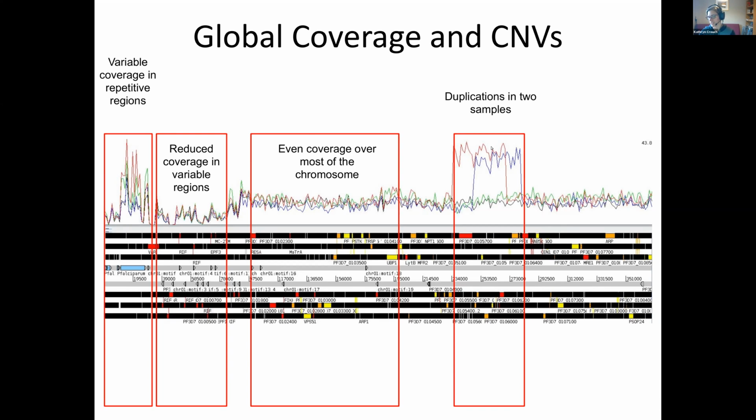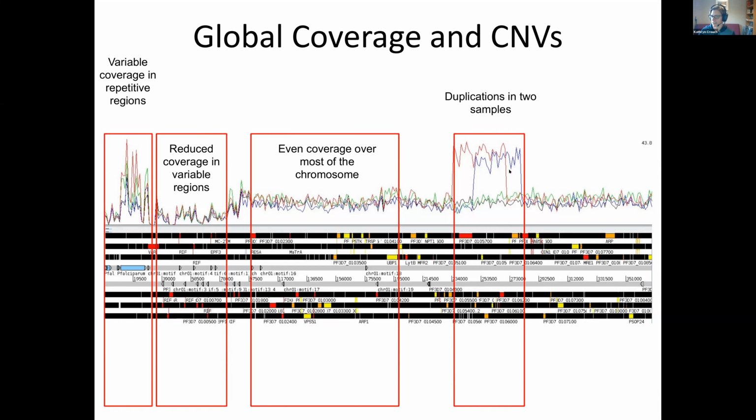But over here, you can see that in 2 of the 4 samples, there is a copy number variation. It's actually a slightly different copy number variation in the 2 samples. The red one is slightly to the left of the blue one, but they're overlapping. Some features that tell me this is a real copy number variation compared to noise like this are, first of all, these very sharp edges to the coverage increase.